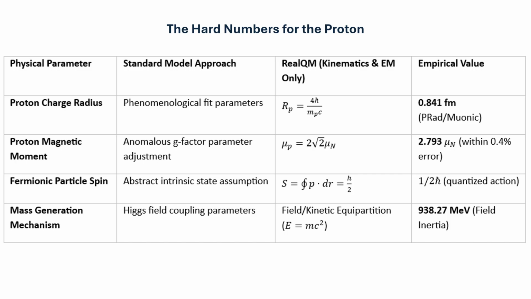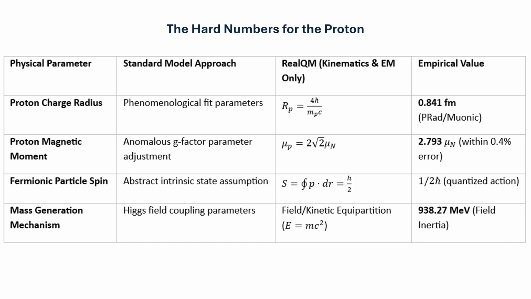The mass generation mechanism, we talked about that in the standard model approach. You know, there's this deus ex machina, I think of it, the Higgs field coupling with strong force, with a weak force, with whatever, with the electromagnetic field. For us in RealQM, it's kinematics and electromagnetism only.